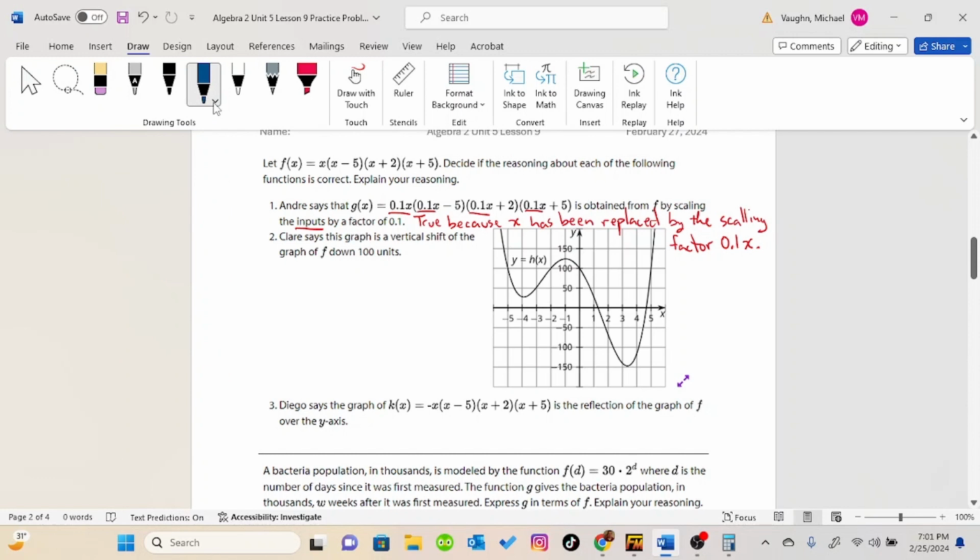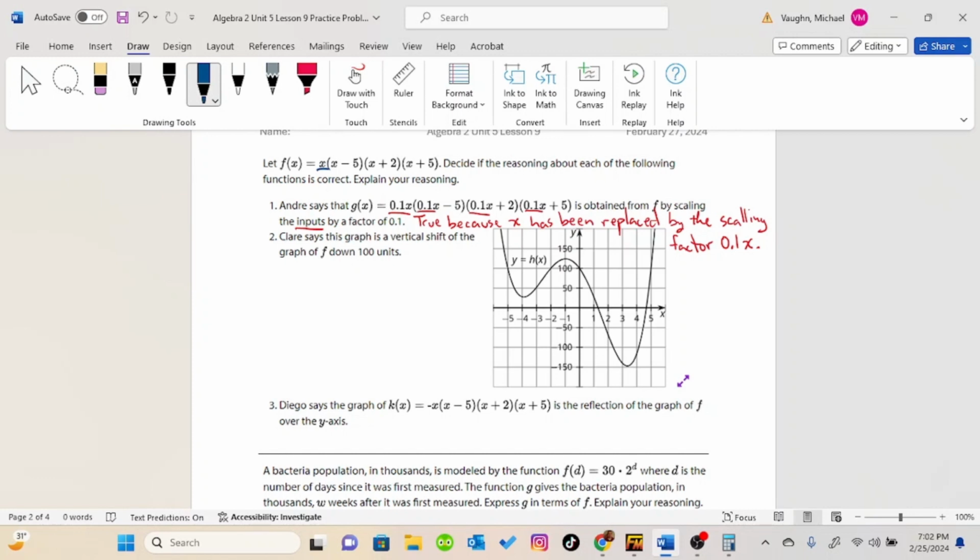Number 2. Claire says this graph is a vertical shift of the graph of f down 100 units. Well, one thing we know is that if x equals 0, then the y-intercept is at the origin, because if we replace the first x with 0, 0 times anything becomes 0.